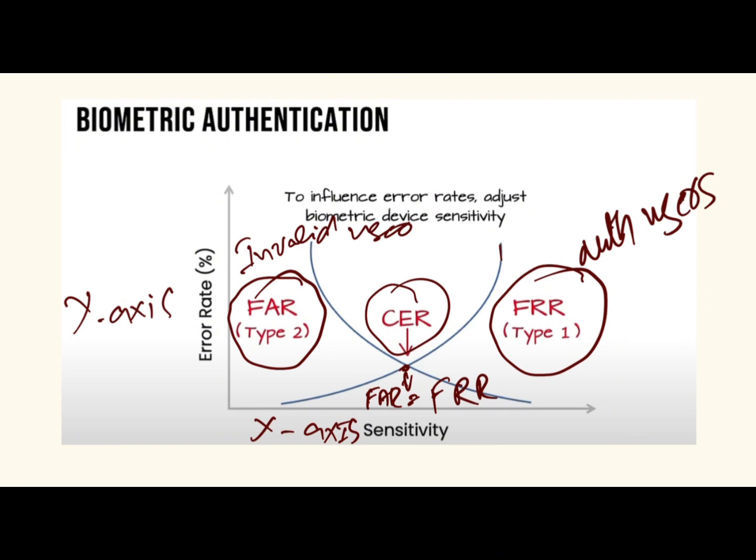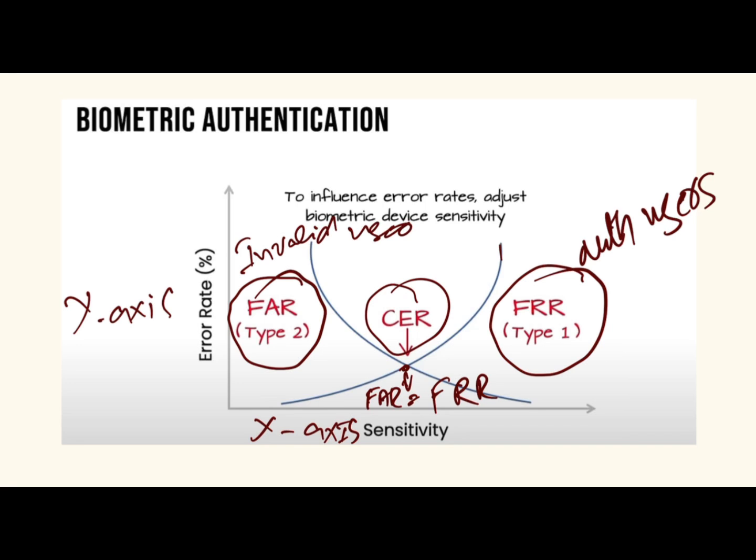At CER, the system sensitivity setting is considered optimal. It's not too strict and it's not too lenient, right? CER means sensitivity is acceptable for type 1 and type 2 errors.